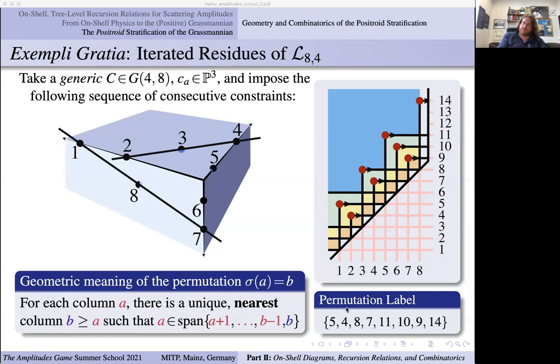So 1 goes to 5. Similarly, 2 is not spanned by column 3, but it is spanned by the line 3, 4. So column 3 and column 4 taken together will allow column 2 to be inside that space. So 2 goes to 4, etc.